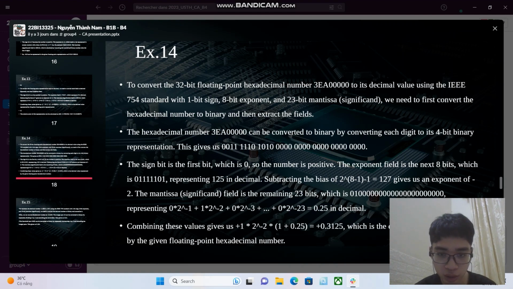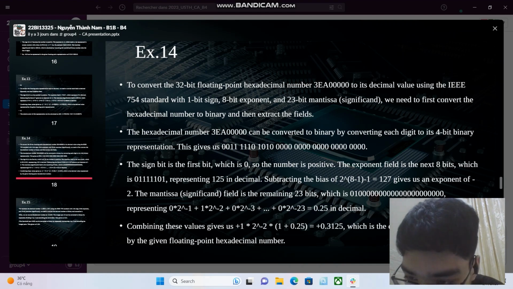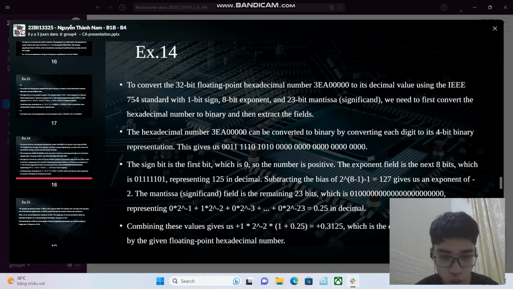The mantissa field is the remaining 23 bits, which is 0100000 and so on, representing 0 times 2 to the power negative 1 plus 1 times 2 to the power negative 2 plus 0 times 2 to the power negative 3 and so on to 0 times 2 to the power negative 23, and equals 0.25 in decimal.